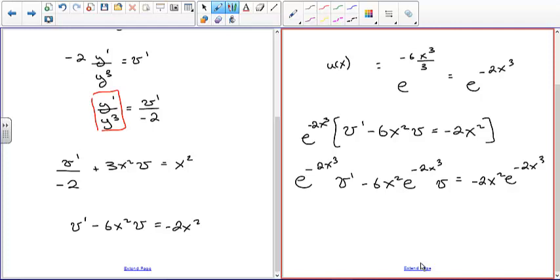So the derivative of this equals that. And therefore, I can combine the two terms into a single term. So the left-hand side becomes e to the minus 2x cubed v quantity prime is equal to negative 2x squared e to the minus 2x cubed.